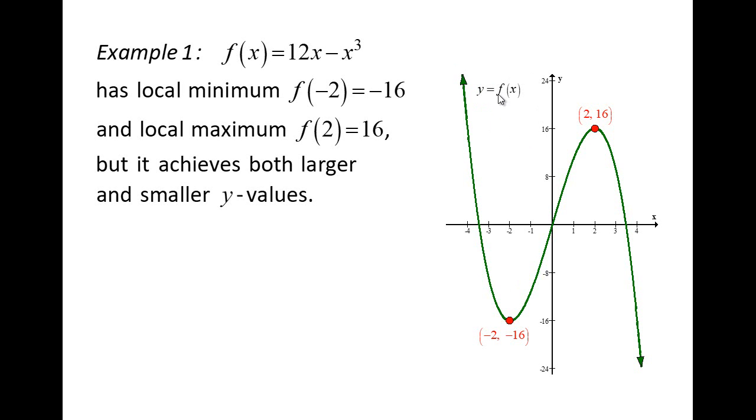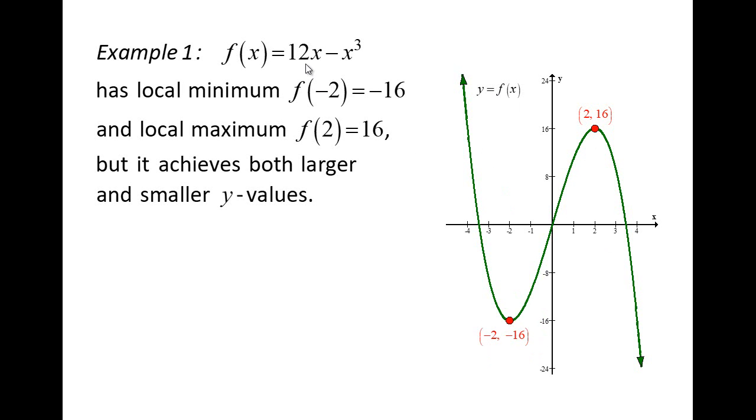As a result, f doesn't have a global max or a global min. However, f has a local max at x equals 2, and it has a local minimum at x equals negative 2.